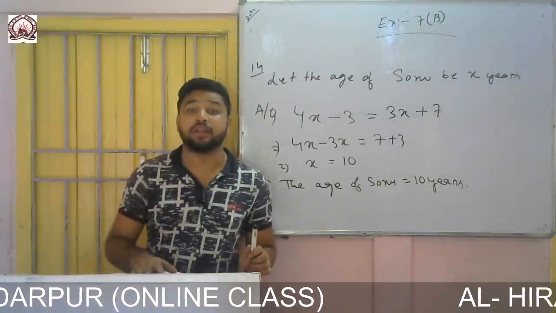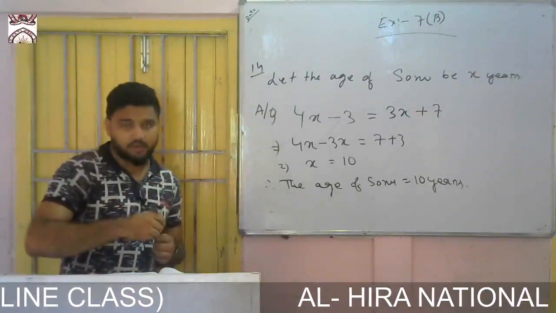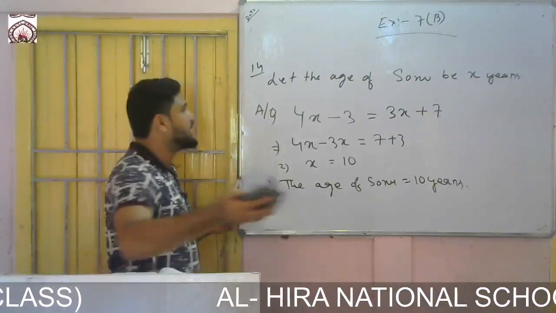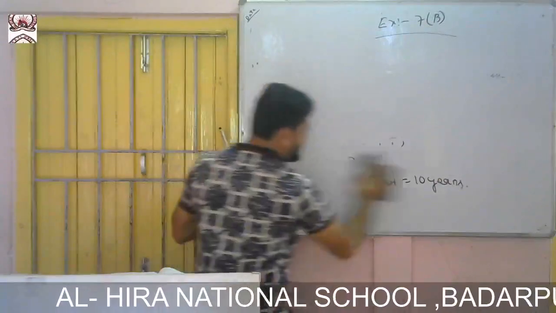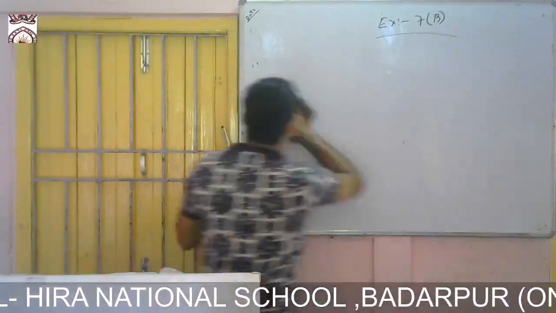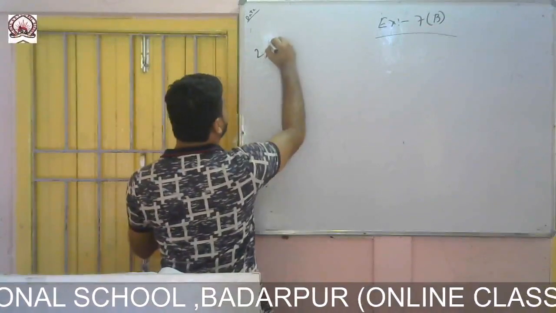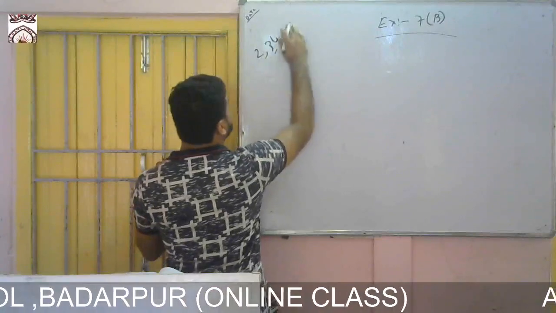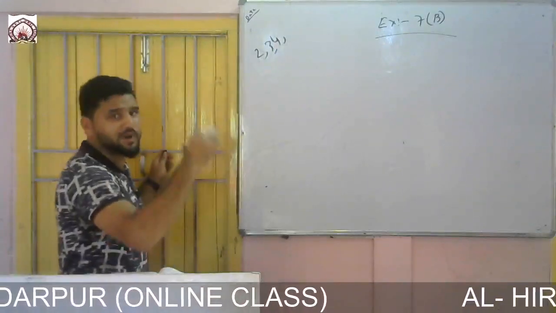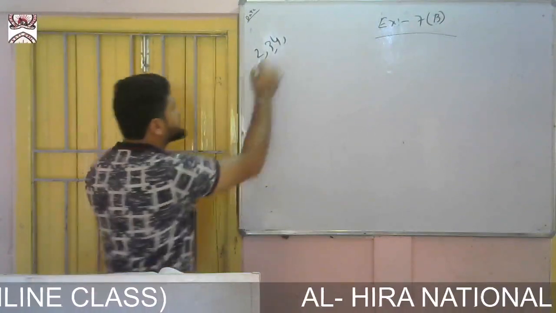If I want to express them by variables, how shall I express? Suppose 2, 3, 4. These are three consecutive numbers, that means one after another.